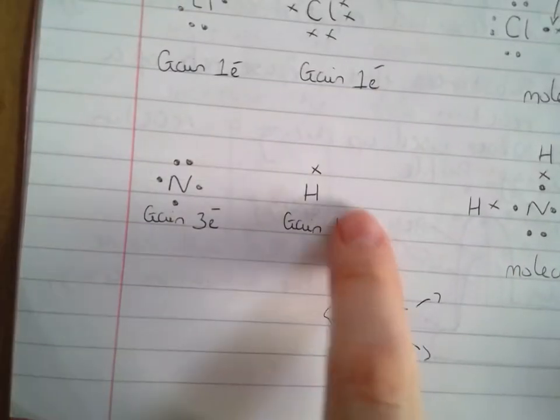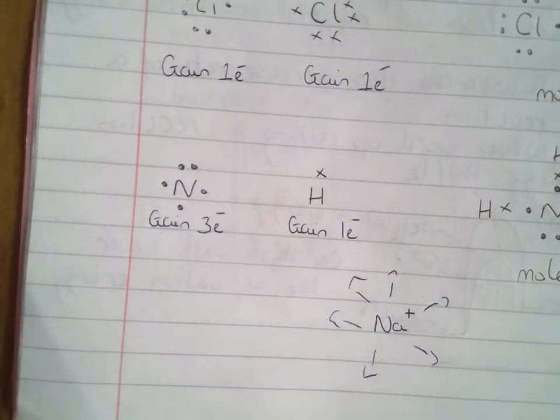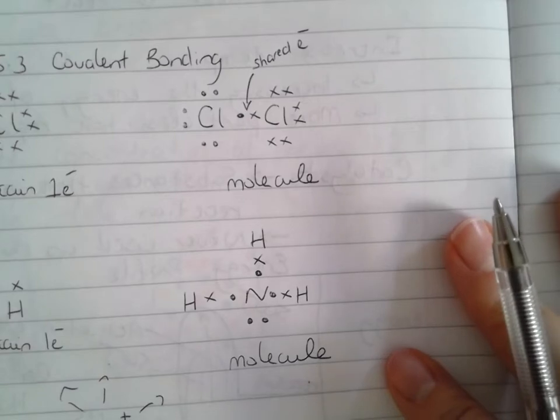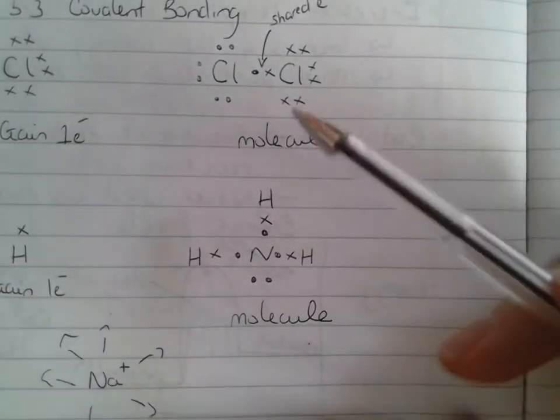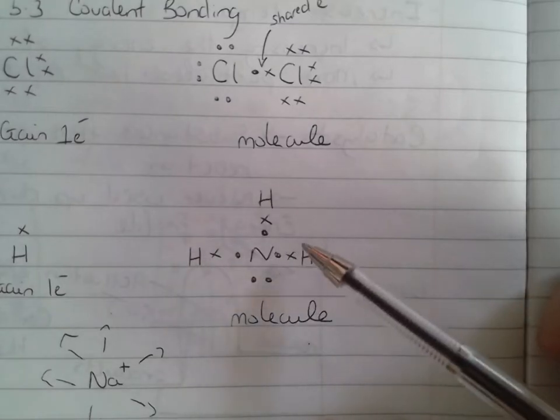Because you've got this attraction going in all directions, you ended up forming this giant ionic lattice where every ion was attracted to lots of other oppositely charged ions. With covalent molecules, the attraction only exists between the 2 bonded atoms, and molecules are much, much smaller.